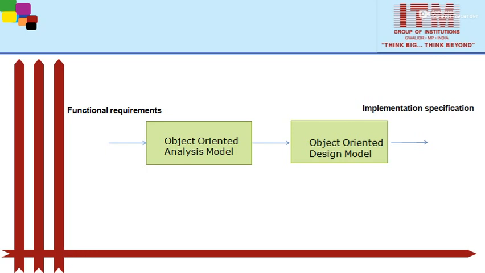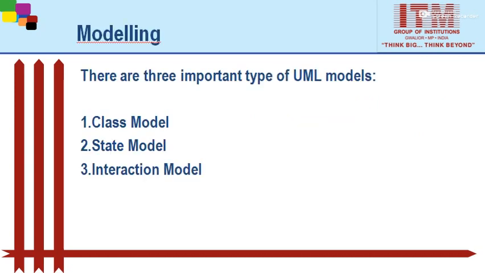Now let us understand what is modeling. Till now we have studied object-oriented analysis and object-oriented design, what these two things are and how both these things relate with each other and work.